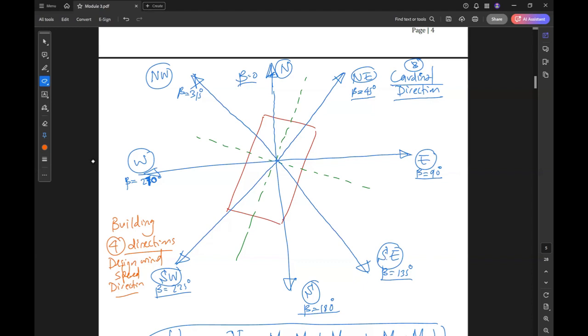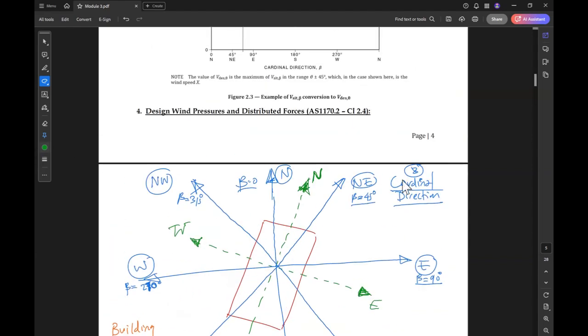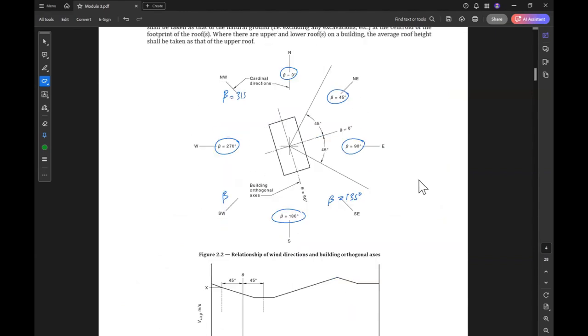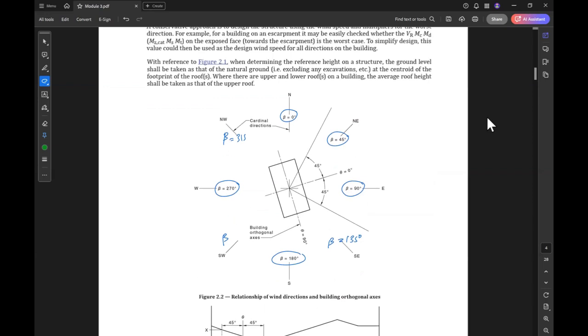So for the building, we have north, and we have east, we have south, and we have west. Sorry, do you have a question? Okay. So as you can see here, this is called the building orthogonal axis.